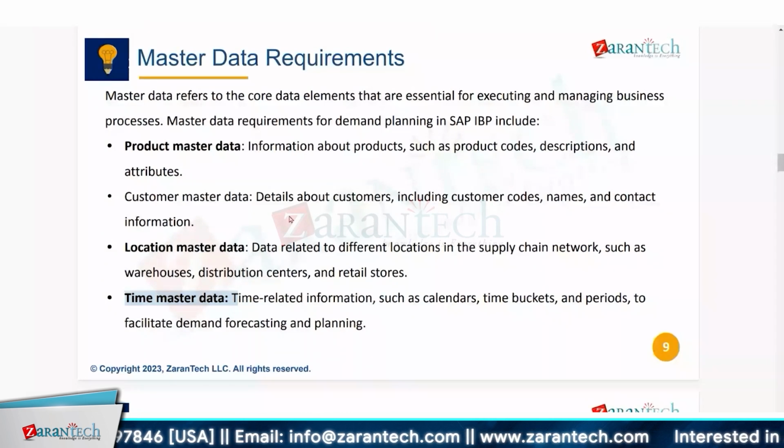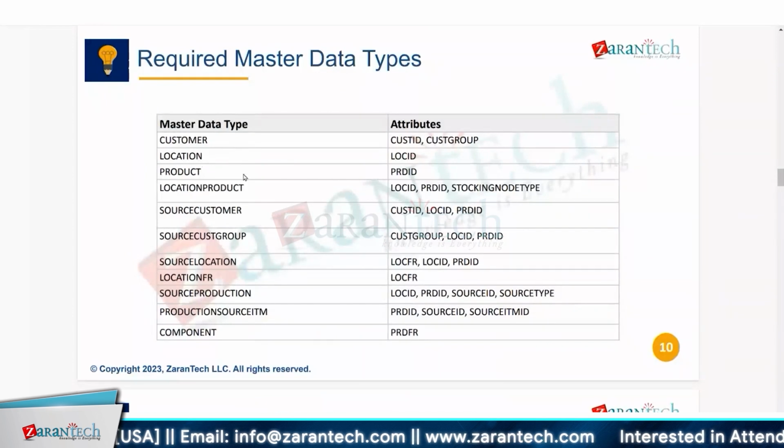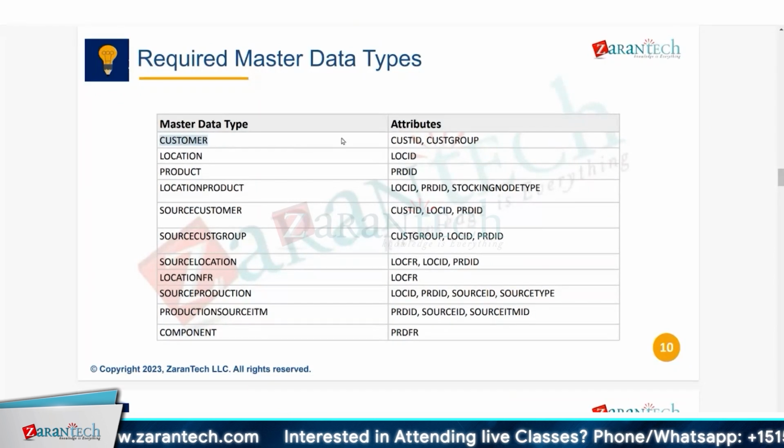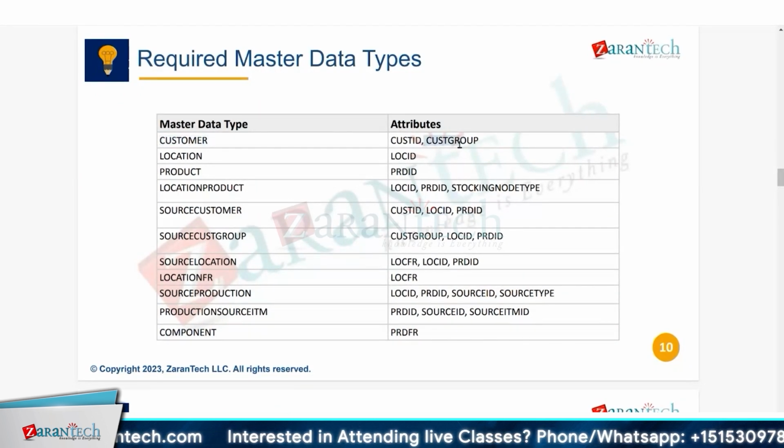So these are the key attributes for the master data. It is important to understand what these attributes are, because they drive the IBP process. For customer, we have customer ID and customer group. These are the two main attributes, and they depend on, or will be designed based on, your requirement.